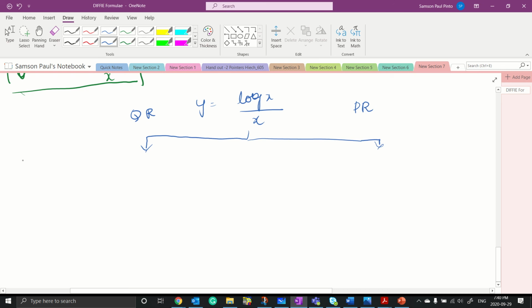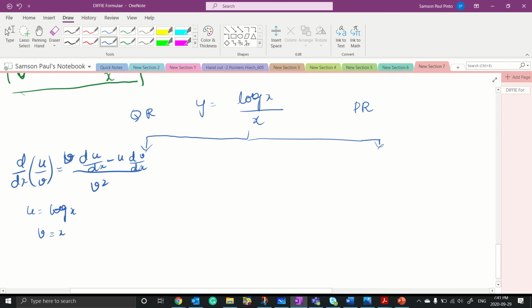First, let us deal with the quotient rule, d by dx of u by v, which is v square in the denominator, v into du by dx, pardon my handwriting is very bad, minus u into dv by dx. Let us take u as log x and v as x.